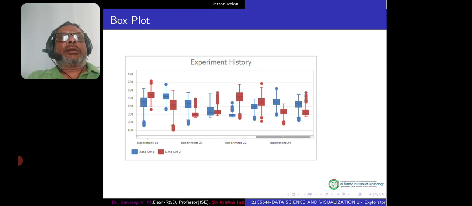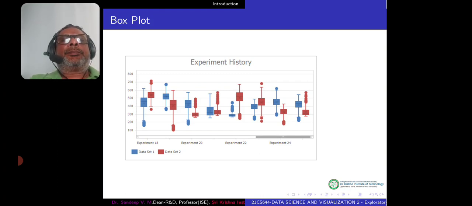We have done various experiments. It is shown on the x-axis: experiment 19, experiment 18, experiment 20, experiment 22, and experiment 24. In all the cases, two charts are drawn, one with red, one with blue, another red, another blue, so totally 4 things are drawn for every experiment, and each one may be talking about various parameters.